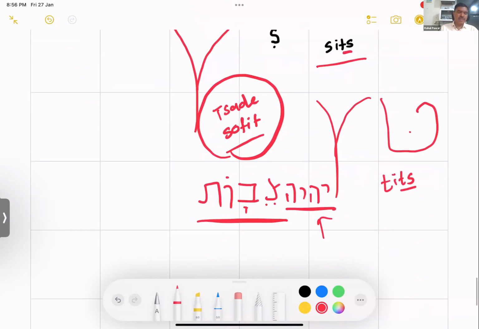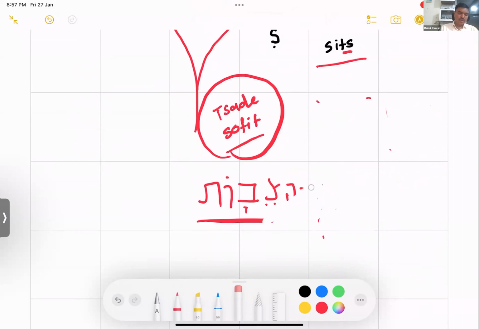And this is the example which I have given. So don't get confused. Any question? After finishing the alphabet, all the 22 letters, I'm going to show you how grammatically.